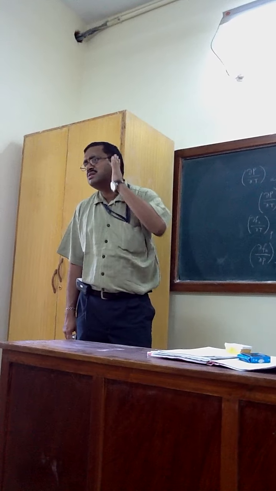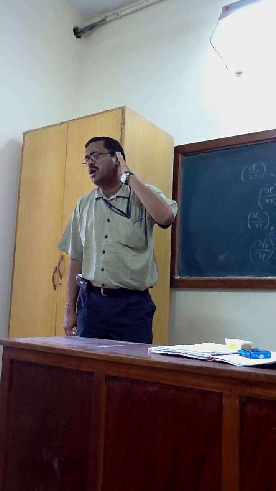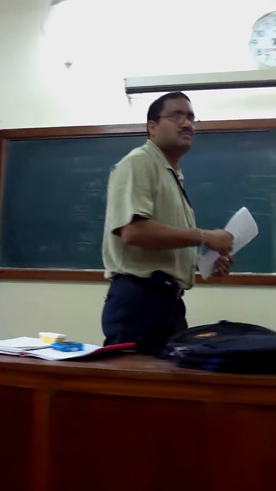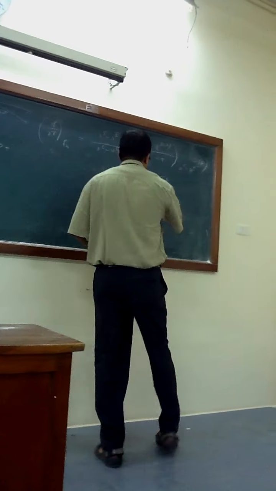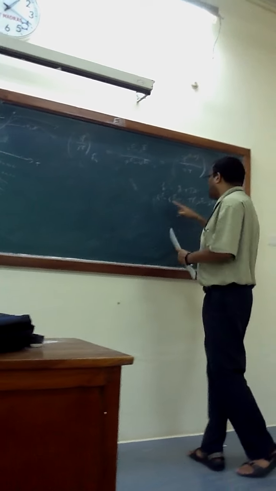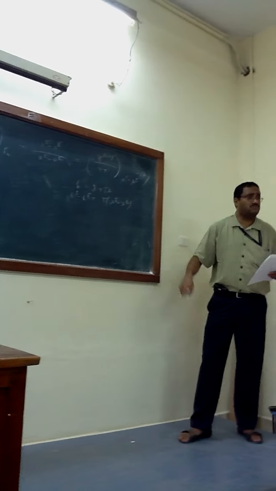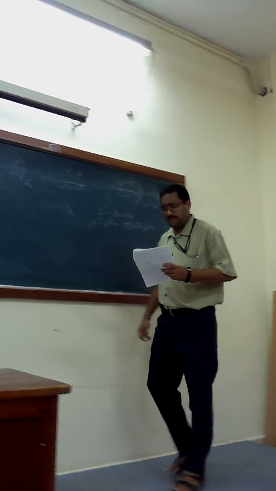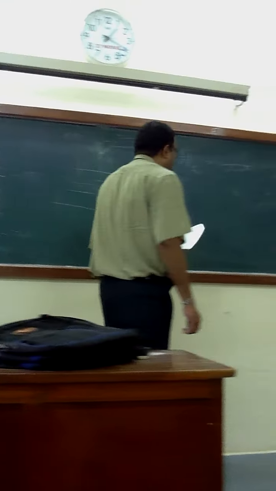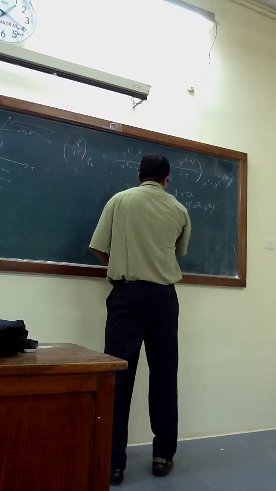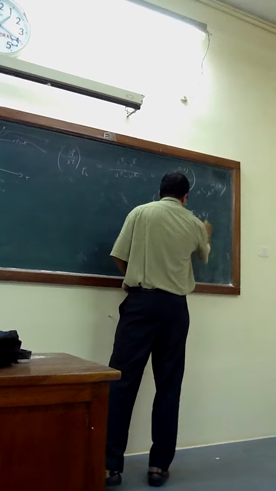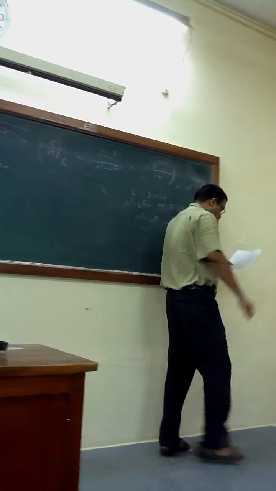It is 0 at equilibrium. So it is T into S1 minus S2. Same temperature at equilibrium; vapor and liquid have the same temperature. So we have S1 minus S2, which is H1 minus H2 by T.